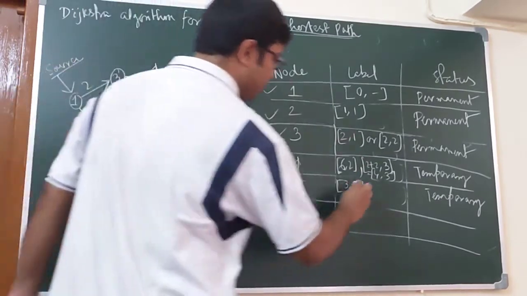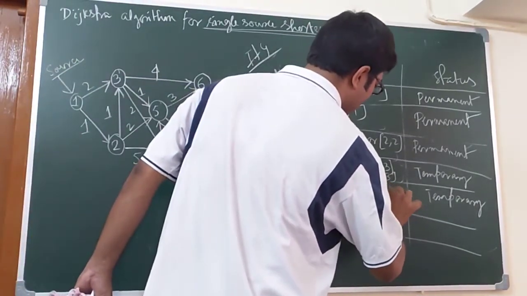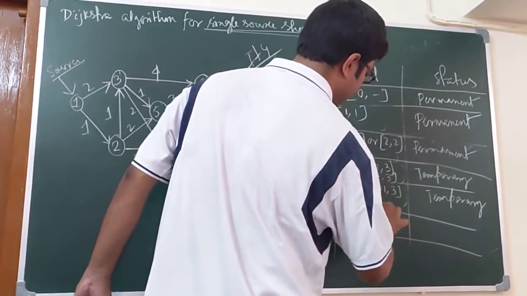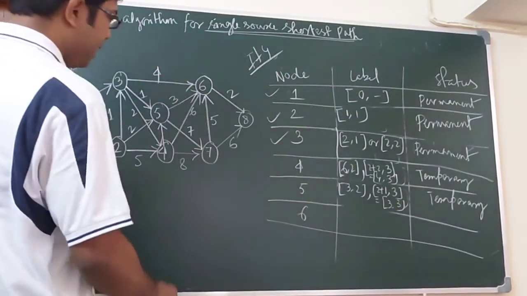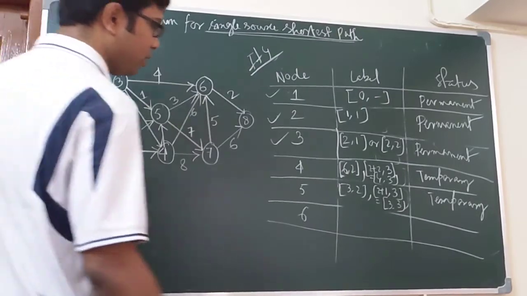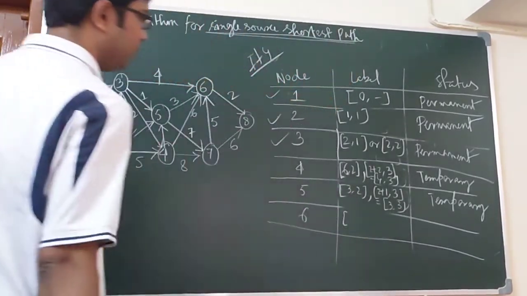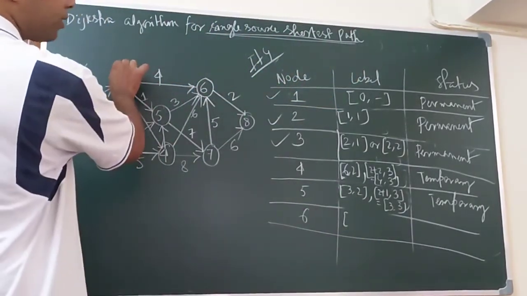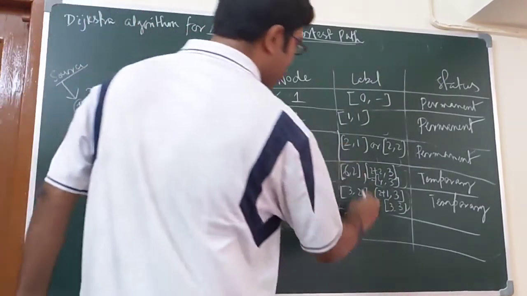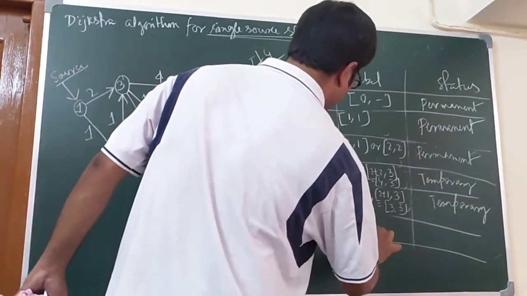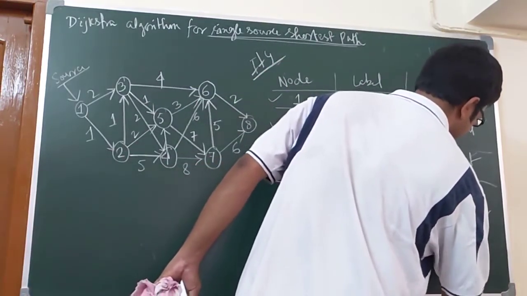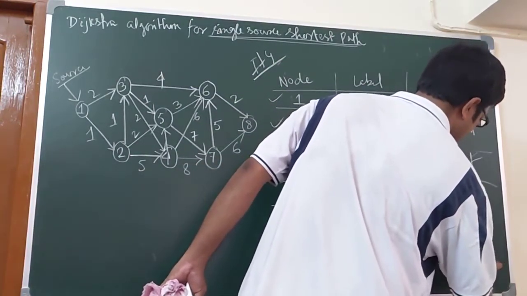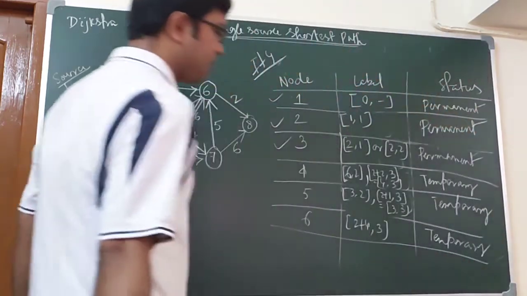So 2 plus 1 and 3, that is 3 3. And for node 6, for third node the value is 2. So 2 plus 4 and 3, and make the status of 6th node as temporary.